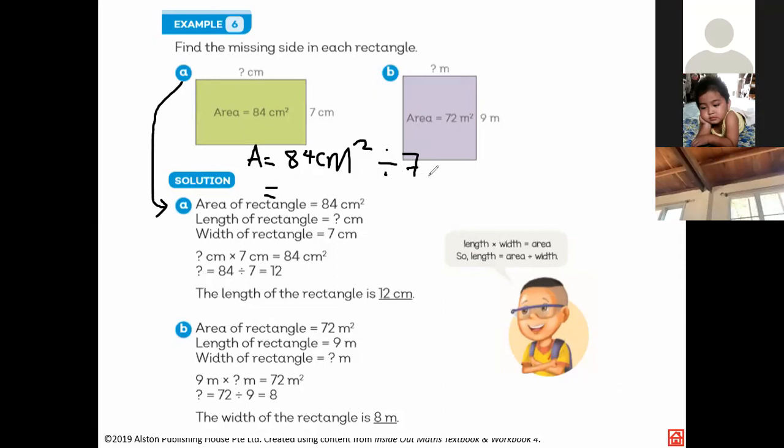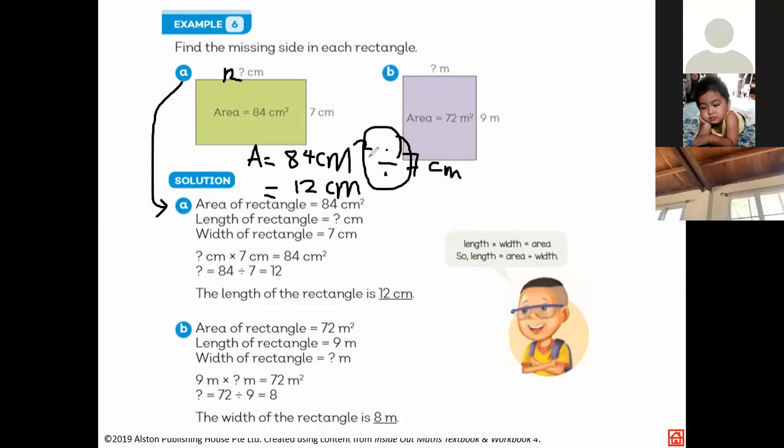So 84 centimeters squared divided by 7 is 12. So the missing length, or the measurement of the missing side, is 12 centimeters.